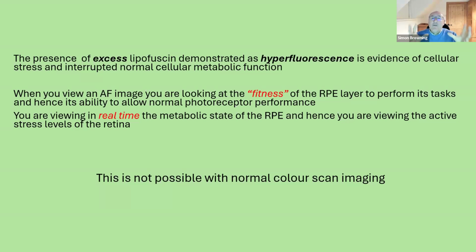And as I say, you are viewing in real time the metabolic state of the retina. And so you are looking at active stress levels in the retina. And this is not possible with your normal structural scan imaging. You can't have a clue of any of that that's going on. And that's why autofluorescence is so very, very important.